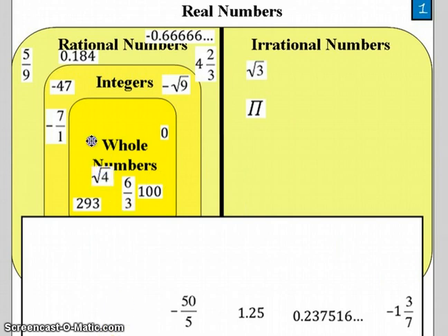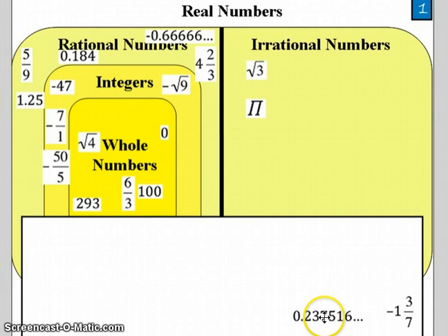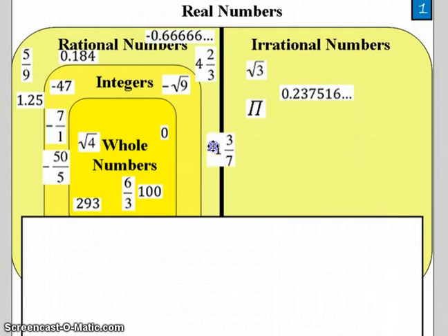Square root of 4 is 2. -50/5 is the same thing as -10, so that belongs here in integers. I'm going to assume that this never repeats because I don't see any repeating happening. And this I don't have much room to put, but this is a rational number.